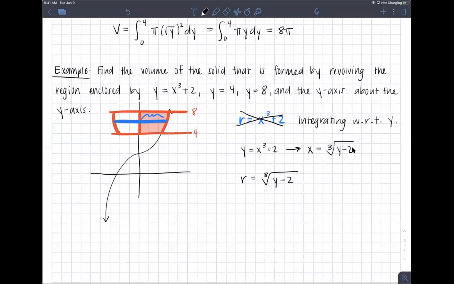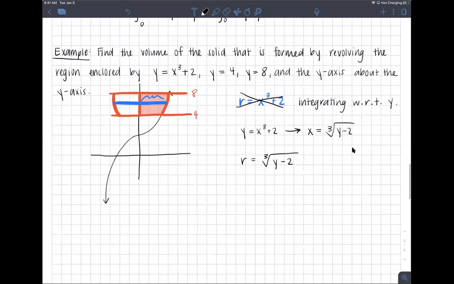Oh, this integral is going to get messy. We won't actually find it, but that means your volume is given by, what are my limits of integration here? Yeah, 4 and 8. And then you're going to have pi r squared. So this is going to be the cube root of y minus 2 squared dy.